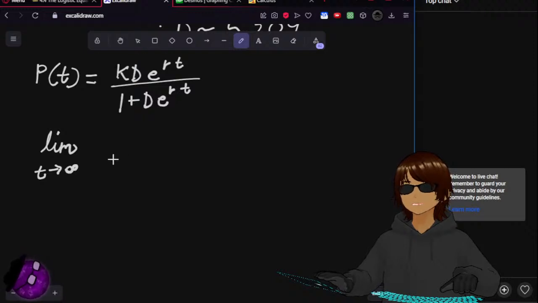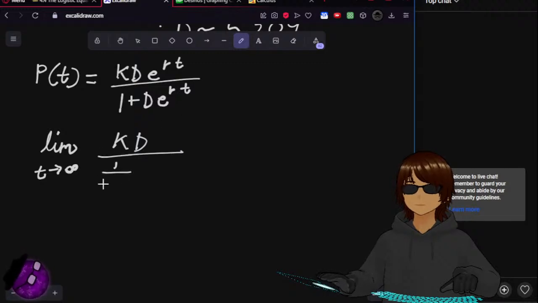I'll divide the upper part by e to the power of RT, also the lower part. So I'm left with this.